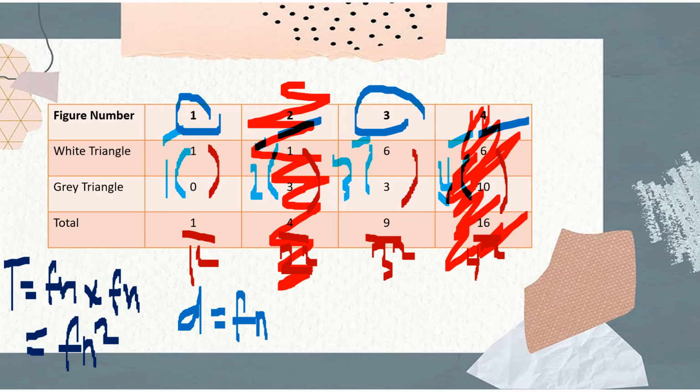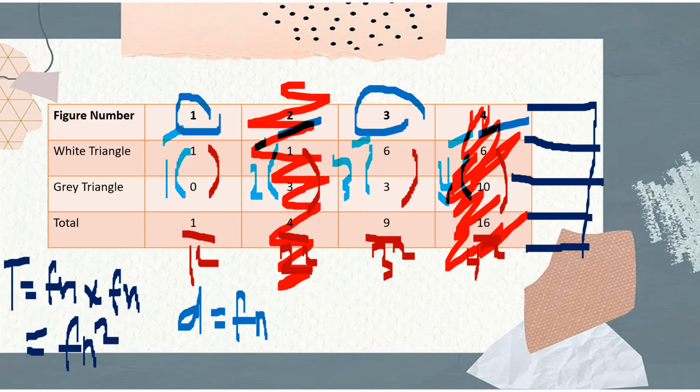So what if we create a table for figure number 5? Let's try. 5 is an odd number, right? So what we recall from the odd numbers is the white triangle is always bigger than the gray triangle.